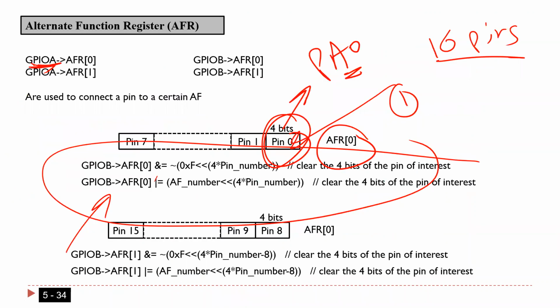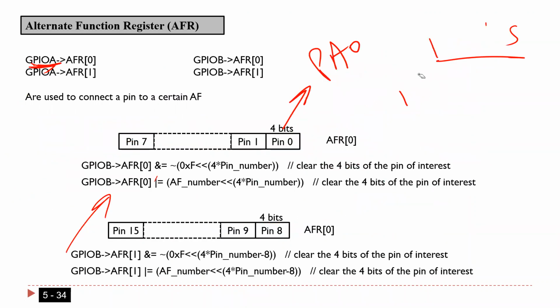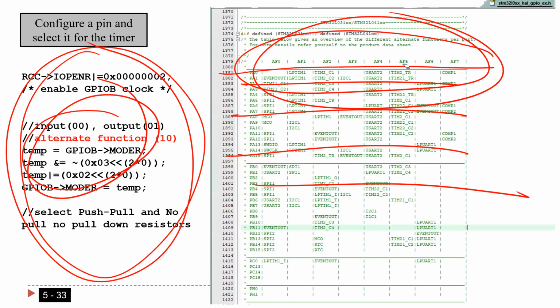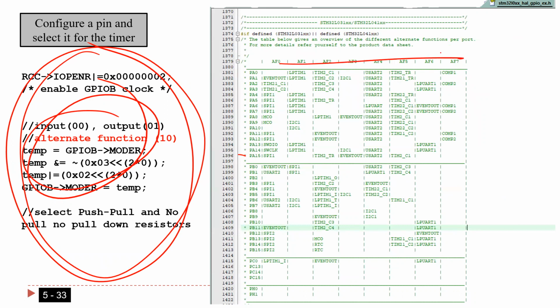You tell this in this region. Here it's another register, AFR, the alternate function register. Here every pin has 4 bits. Here you can say I'm going to connect this pin to alternate function, and which number? It's a number here. Which number? Any questions?